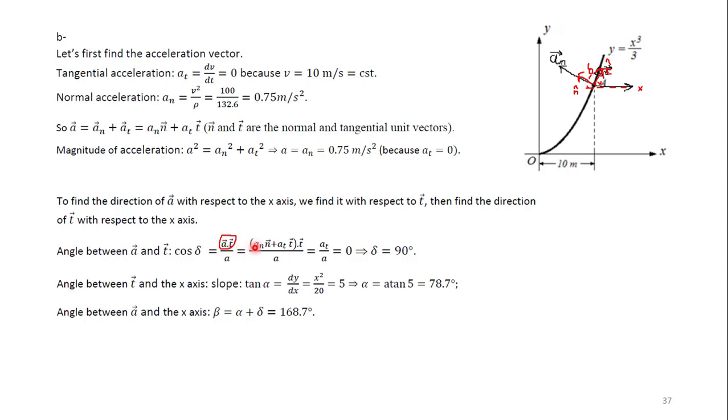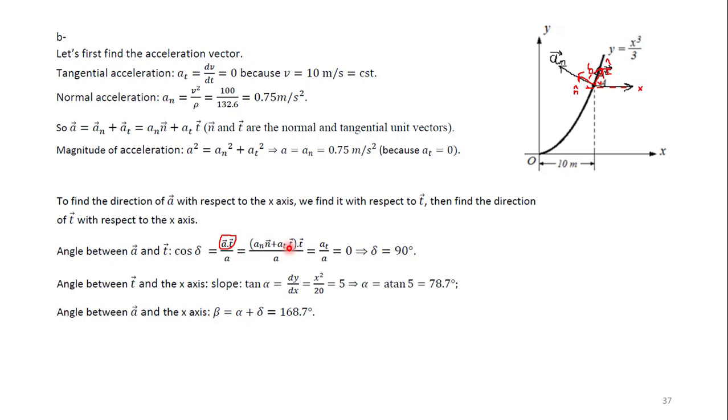So we have a is equal to the normal acceleration plus the tangential acceleration as vectors, and a dot tau will give us, so first we need to make an times n dot t, and the scalar product is 0 because n and t are perpendicular to each other, and there remains only one term, at times tau, scalar product with tau, so it will give us at, because the second term will give us the magnitude of the first vector, which is at times 1, times the magnitude of the second vector times 1, times the cosine between these two vectors.